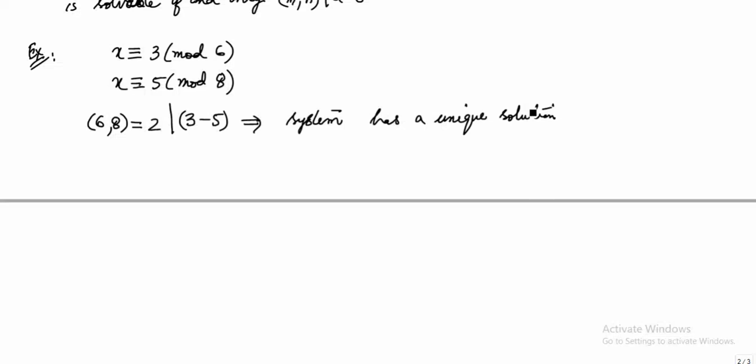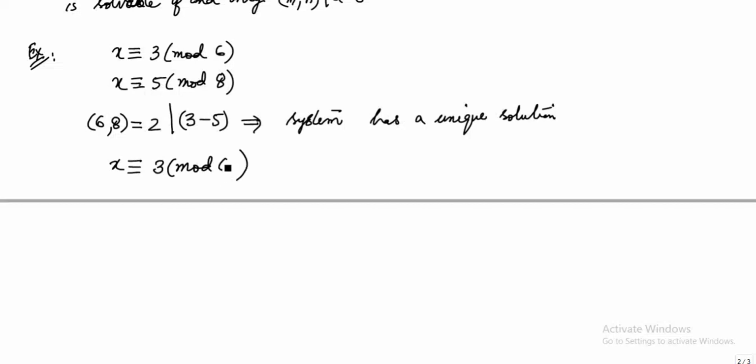Now how can we find this unique solution? Look at here, the first congruence, x is congruent to 3 modulo 6.